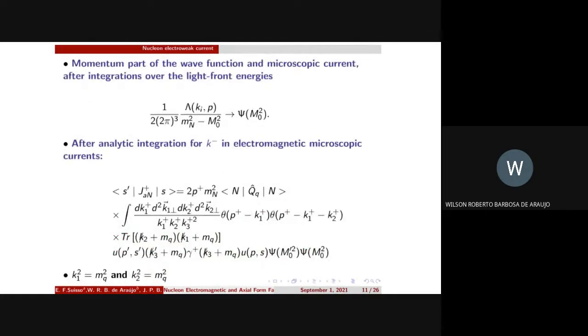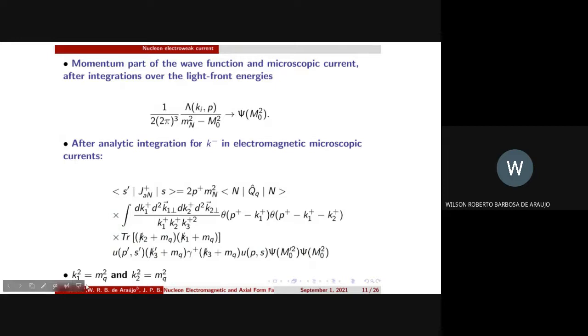After integrations over light front energies, we insert the momentum part of the wave function through this exchange. In this expression, the final wave function and the wave function before the quark absorbs the photon.